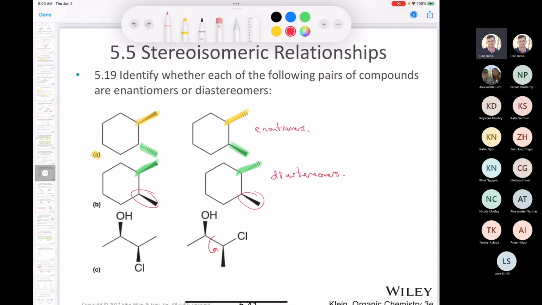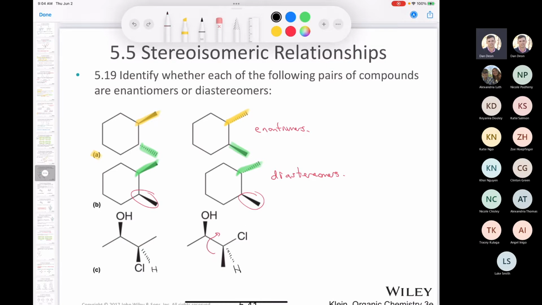And this is where handheld models can come in really handy. No pun intended. So if we have the hydrogen going in the back of the page like this, and here we have the hydrogen going in the back of the page like this, why don't we rotate this bond so that the methyl goes up here.